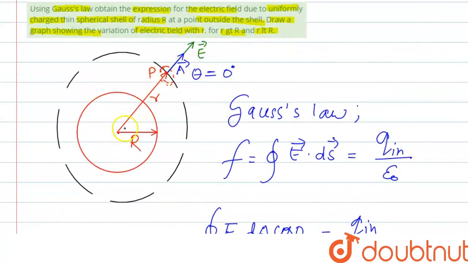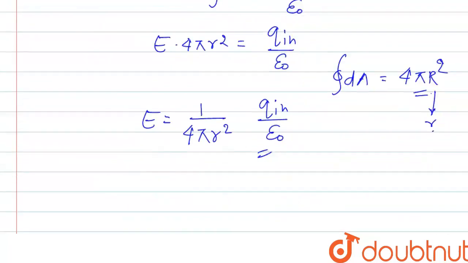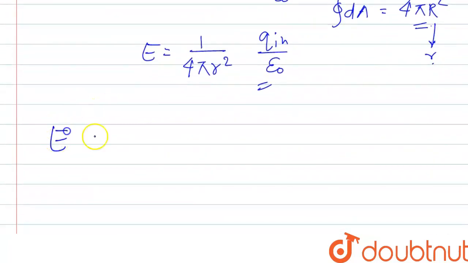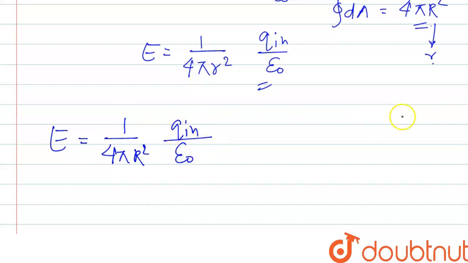This is for small r. If we write the electric field at the surface of this shell of radius capital R, we can write 1 by 4 pi epsilon naught, q inside by R square.